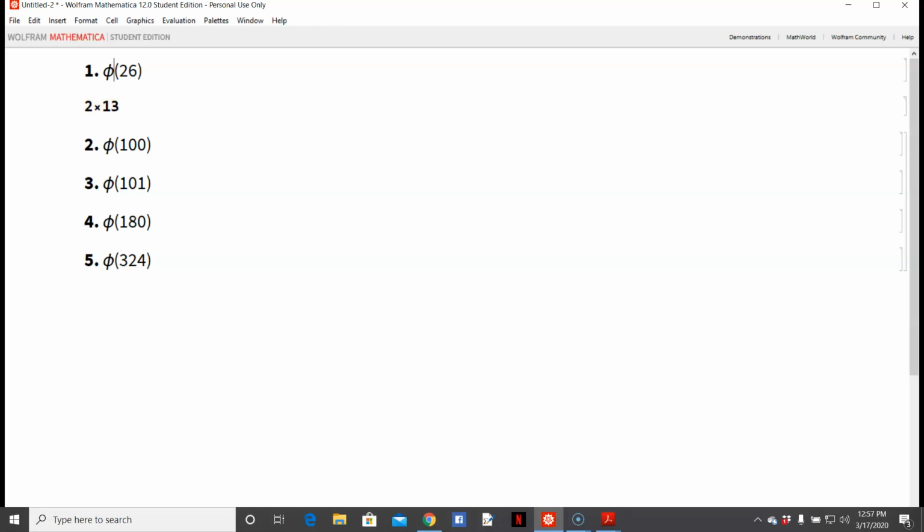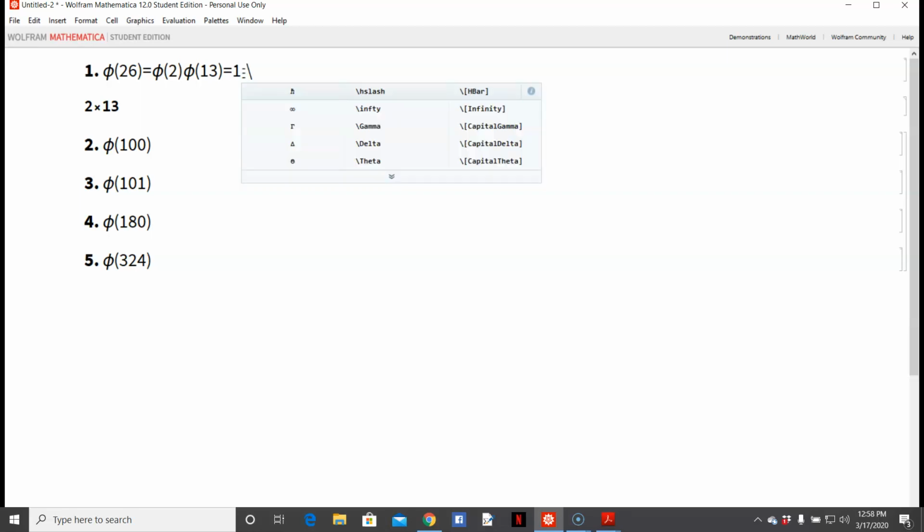So the Euler phi of 26 is going to be the Euler phi of 2 times the Euler phi of 13. 2 and 13 are prime, so their Euler phis are 1 less. So the Euler phi of 2 is 1, and the Euler phi of 13 is 12, and 12 is the Euler phi of 26.